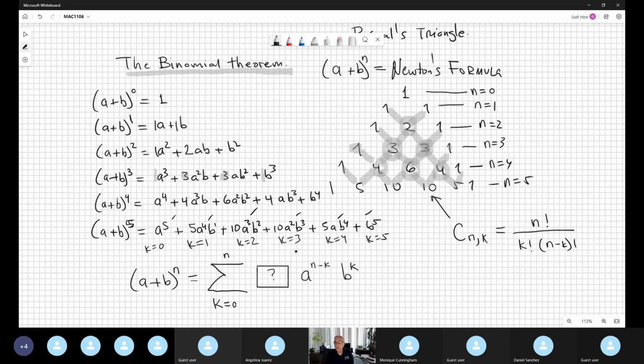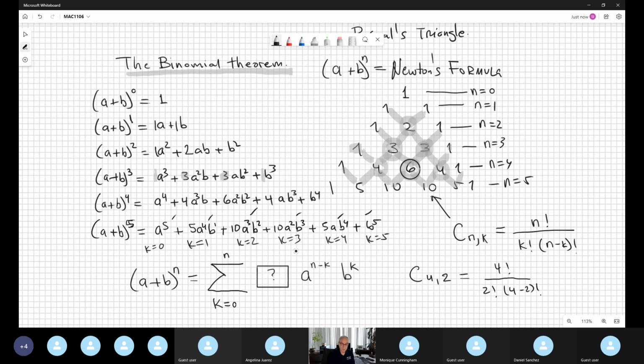Let me recall what factorial is, guys. Suppose I want to find this element. This element is the combination 4, 2, because n equals 4, but it's located in position 2: 0, 1, 2. So it's 4 factorial divided by 2 factorial times 4 minus 2 factorial.